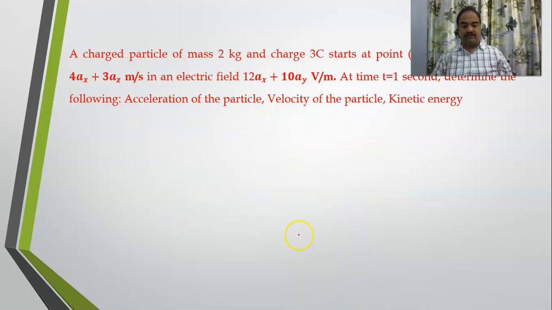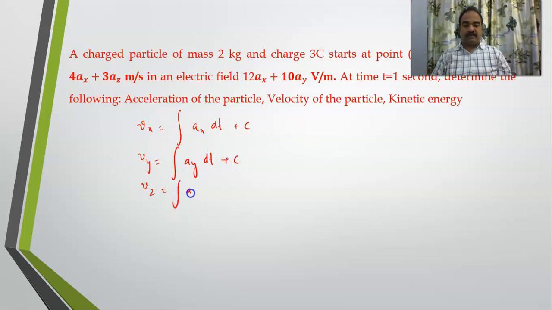Now, if I do in this way, what I will get, you see here, vx is equal to integral of ax dt plus c, right? Vy is equal to integral of ay dt plus c. Vz is equal to integral of az dt plus c, which means acceleration in x, y and z direction. We have already obtained acceleration, right?